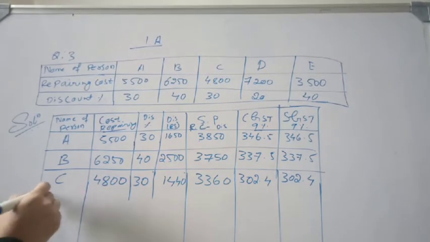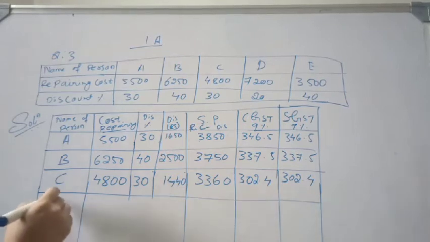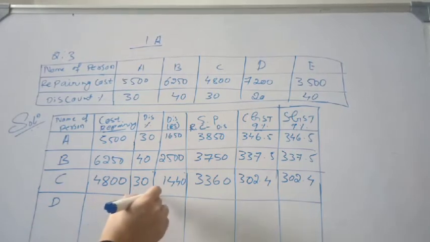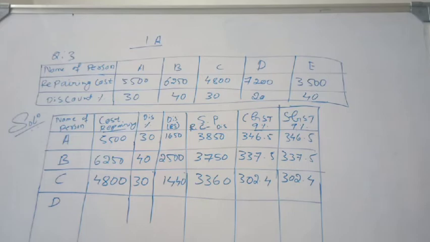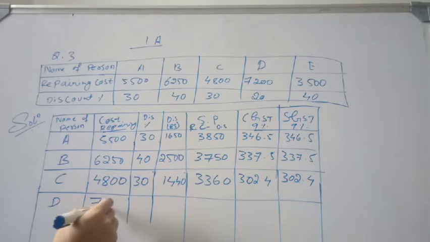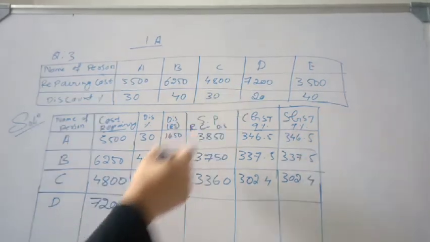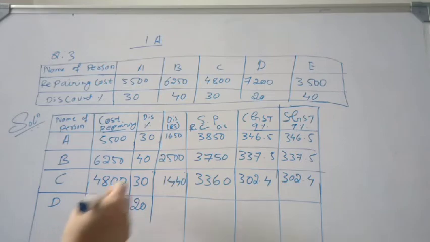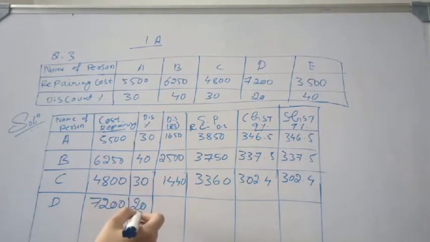Now come to the next person, D. The repairing cost is 7,200. The discount percentage is 20%. So 7,200 into 20 upon 100, the zeros get cancelled, 72 into 20.